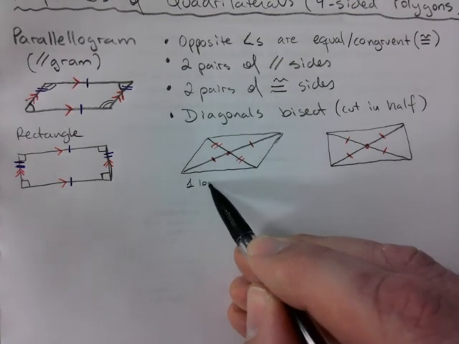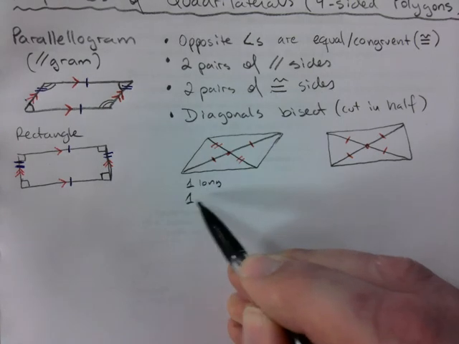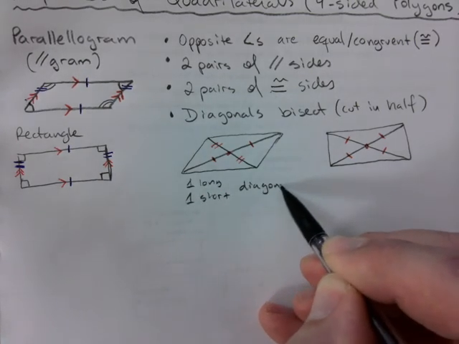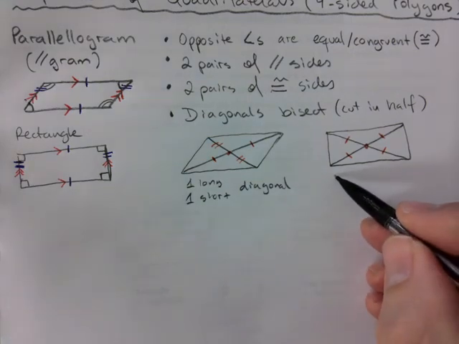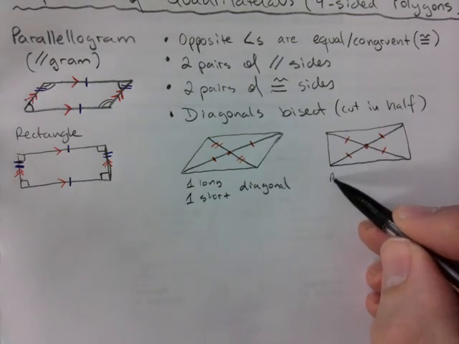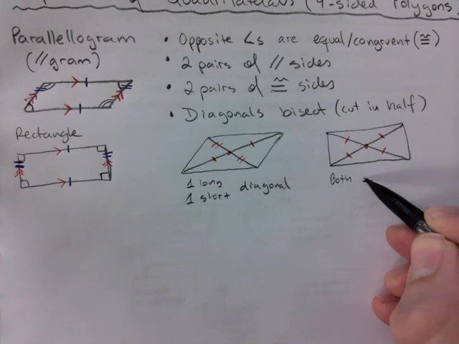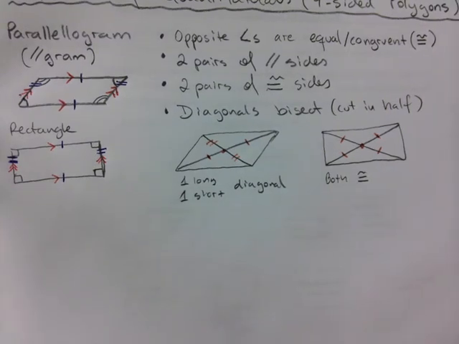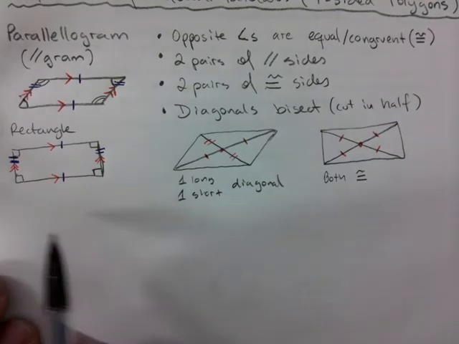There's one long and one short diagonal. And here, both are congruent. Okay. That's it for this one, for these cousins.